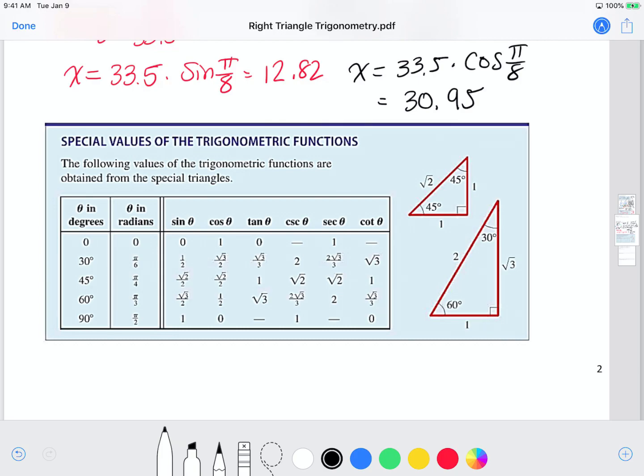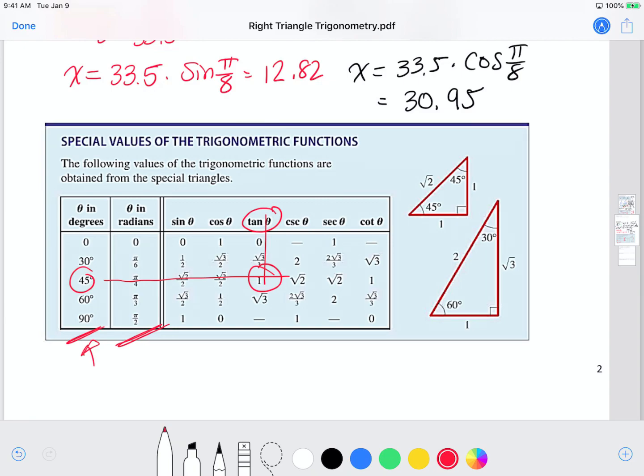So the way you want to read this chart is we have two columns here, depending on if you're looking at radians or degrees. If you're looking at degrees, you look at the first column here. And let's say I ask you to find the tangent of 45 degrees. So I look at tangent, and I look at 45 degrees, and where they cross, it would give me that answer of 1.